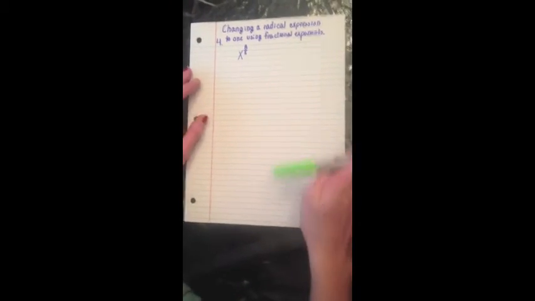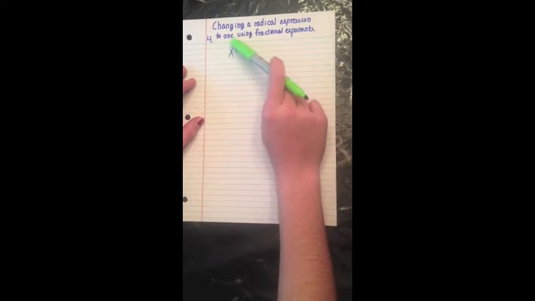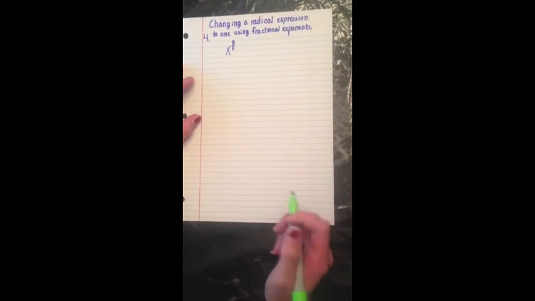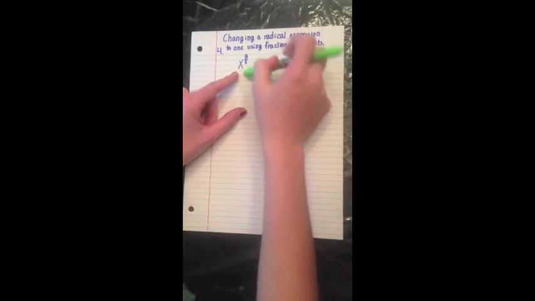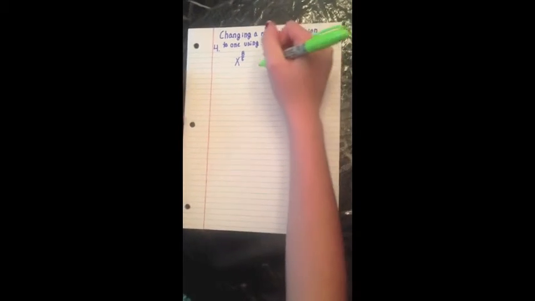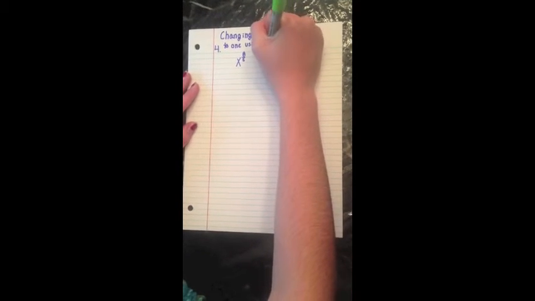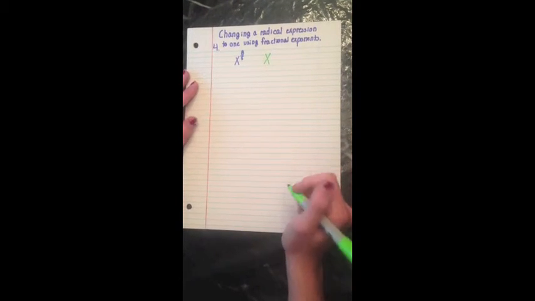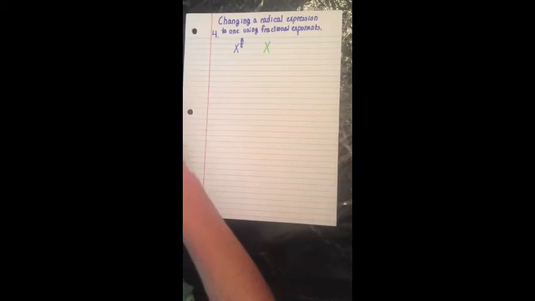Okay, number 4. Changing a radical expression to one using fractional exponents. So our problem is x to the 8th fifth. So we want to get it in the form so it's just x. So what we have to do is the inverse operation. So it's an exponent, so you might wonder how you would do the inverse of that.